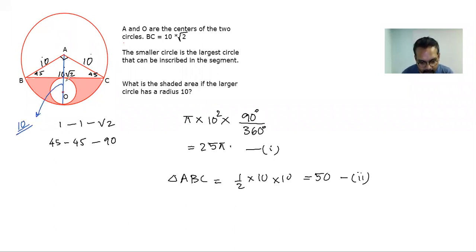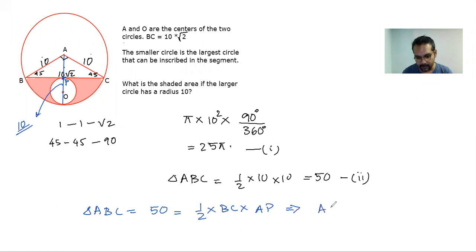Now let's call this point P. And now for triangle ABC, we know the area is 50, which is also half base, which we take as BC, times the height AP. So from here we get AP as 2 times 50, so 100, divided by BC, which is 10 root 2. So it's 10 over root 2, or 5 root 2. So we know the length of AP to be 5 root 2.